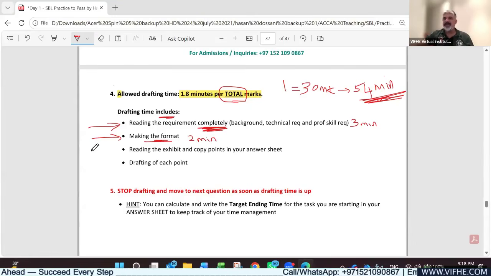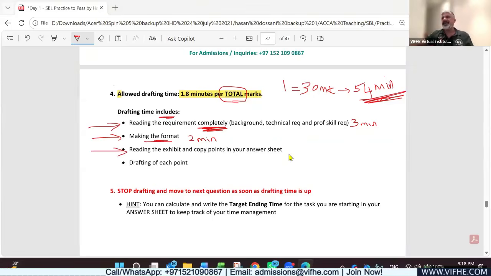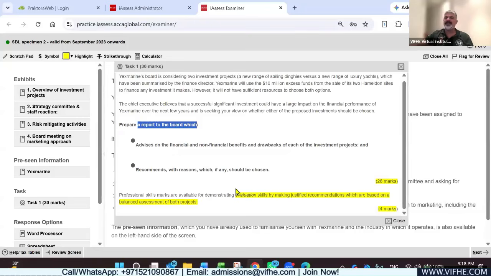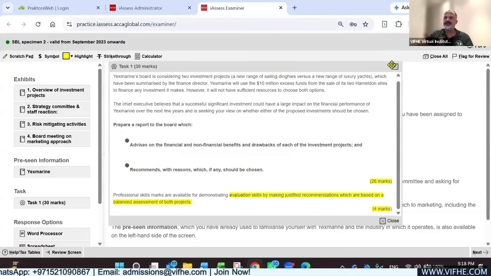Once you have made the format, you have to read the exhibit and copy points in your answer sheet. So which exhibit is this one? Which exhibit do we need to read? Exhibit 1? Yeah.